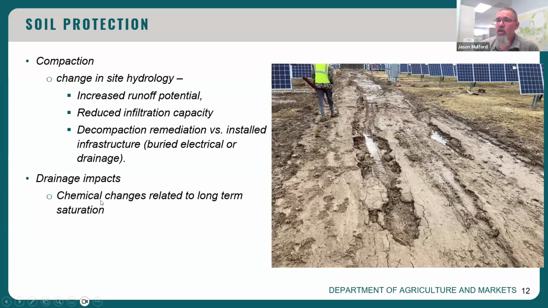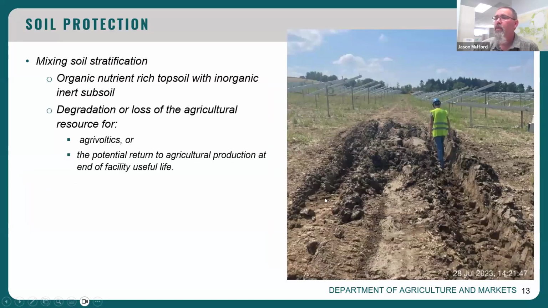Long-term issues: we're concerned about the chemical changes in the soil related to that long-term saturation. They'll turn into a hydric soil eventually and lose the productivity. Most commonly is the mixing of the soil stratification, basically deep rutting.